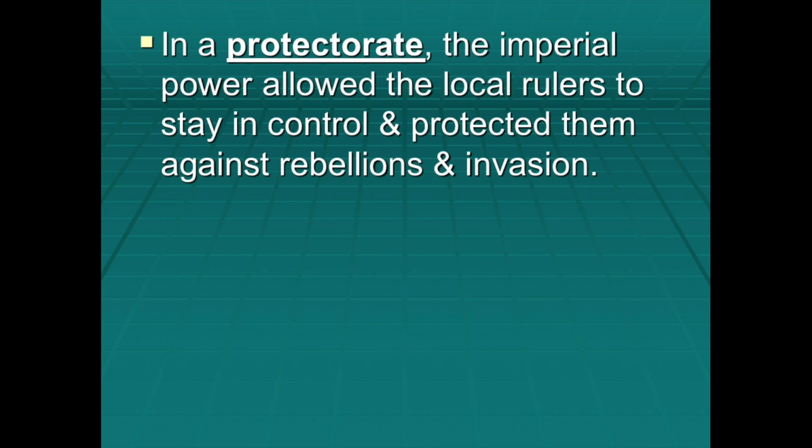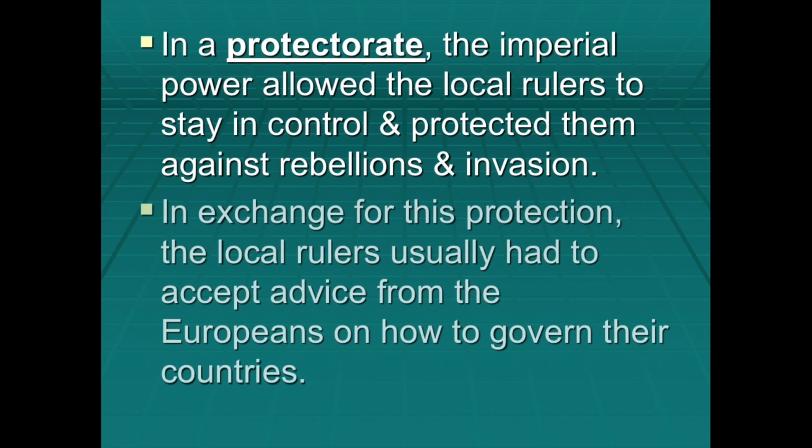The imperial power allowed the local rulers to stay in control and protected them against rebellions and invasions, very much like the ancient Rome model. In exchange for this protection, the local rulers usually had to accept advice from the Europeans on how to govern their countries.